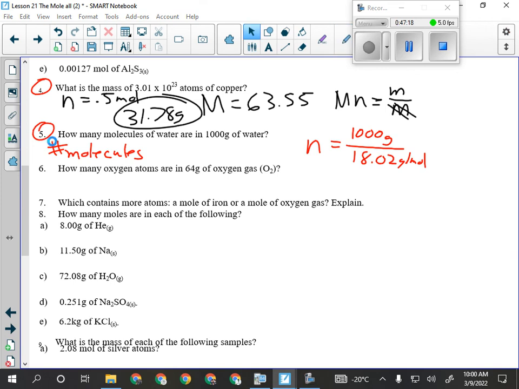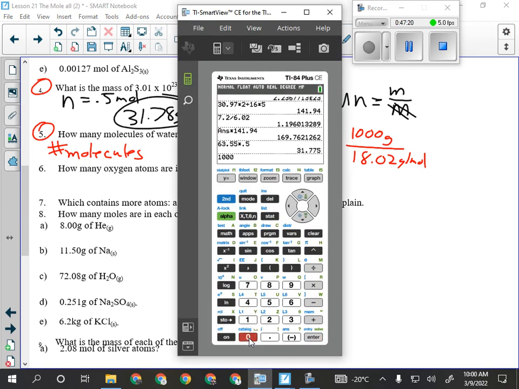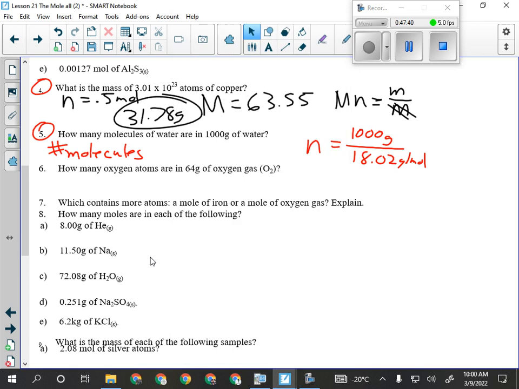So 1,000 divided by that, I get 55.5 moles of water, and then I simply multiply that by Avogadro's number. I should get 3.34 times 10 to the 25 molecules.